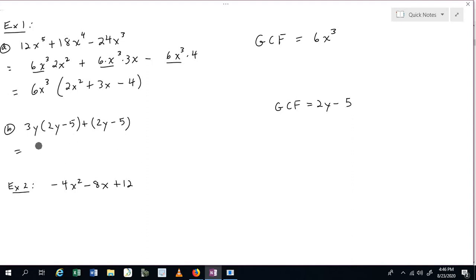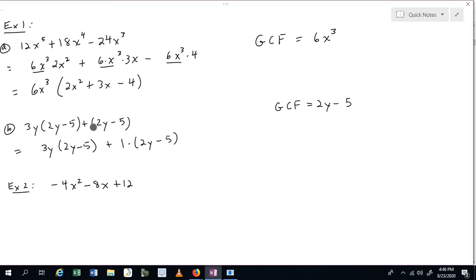Now, here's how we're going to do this. Obviously, when you pull the 2y minus 5 out of here, you're going to be left with the 3y. But it's not so obvious as to what you're left with here. And so for that reason, let's write this as 1 times 2y minus 5. So there's kind of an imaginary 1 that sits in front of this.